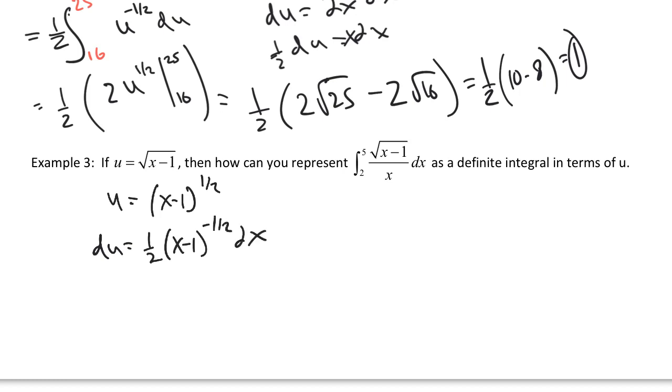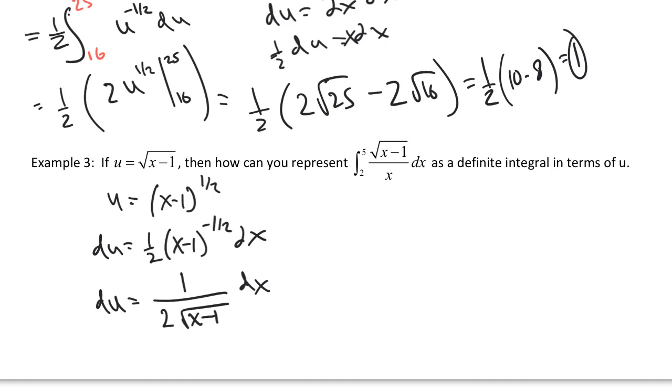In other words, du equals 1 over 2 root x minus 1 dx. And that seems problematic because it doesn't fit nicely in here. But hey, let's see what happens.